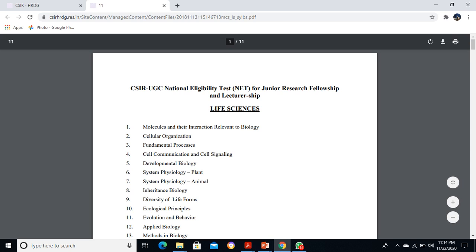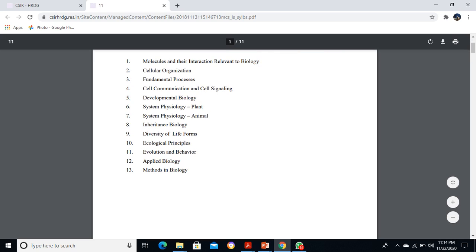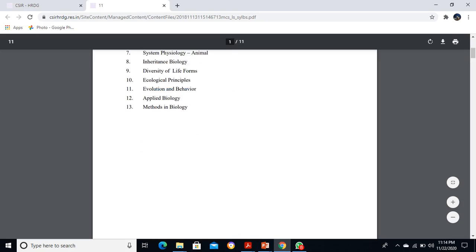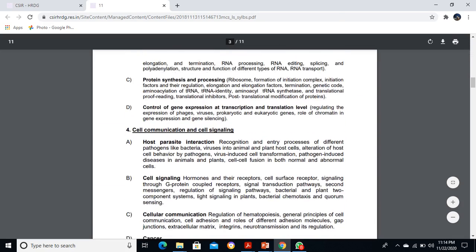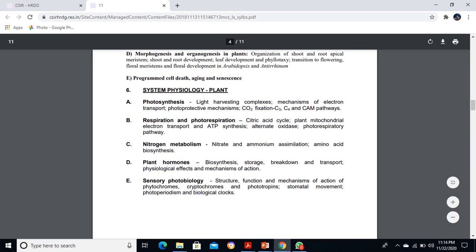In the CSIR UGC NET life science syllabus, there is a module called systemic physiology, plant physiology. I am going to explain the concepts present in plant physiology. You have photosynthesis, which is very important. Every year they ask C part and B part questions from this area.